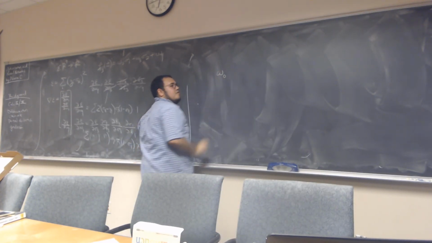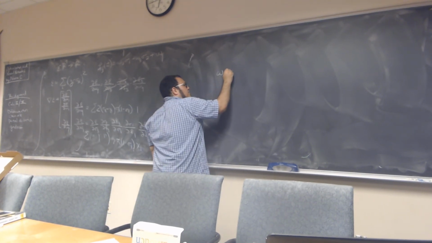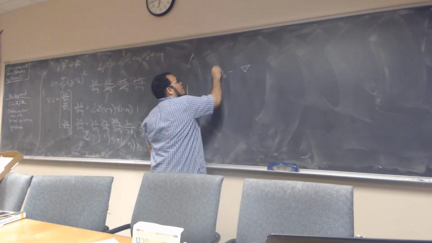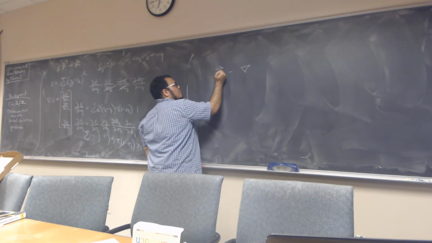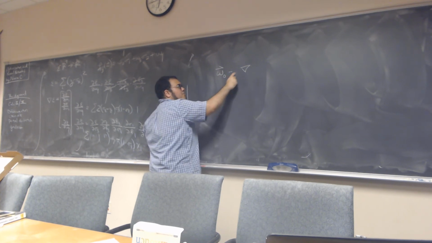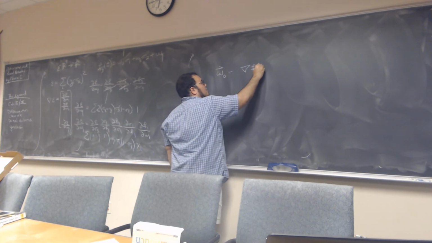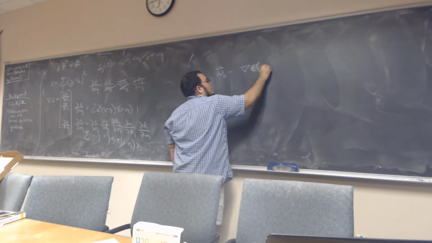I'm going to call it W sub naught. And we want to subtract. Maybe with a vector, so we're not confused. Yeah, thank you. W sub naught. Yeah, that's a good point. Thank you. And we're going to subtract the gradient of epsilon at W sub naught.